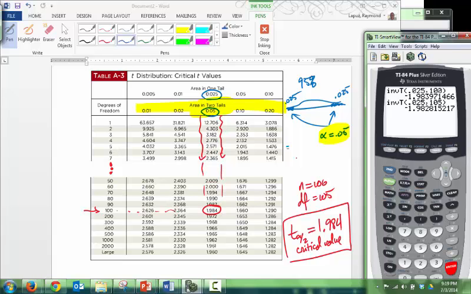Round off to 3 decimal places here, I get 1.984. Round off to 3 decimal places here, I get 1.983. So it's a little bit off by that much, by a thousandth. But it's close enough, I think, in terms of the problems you guys will be doing.